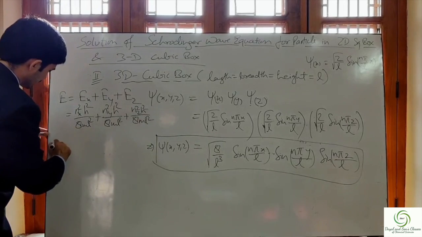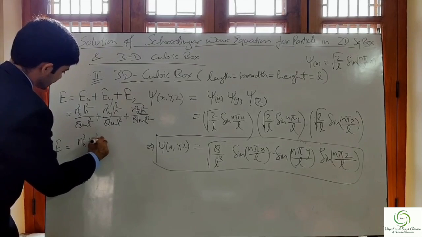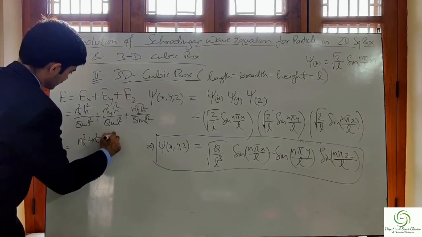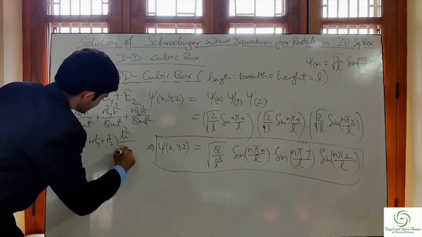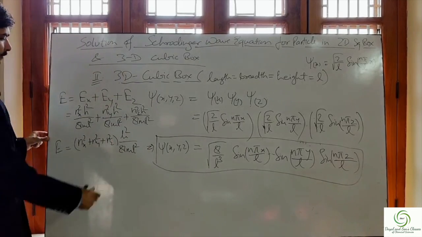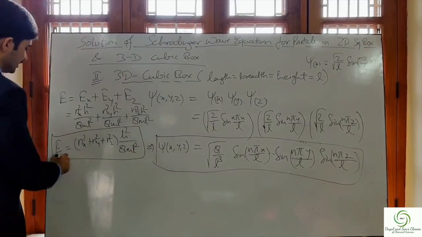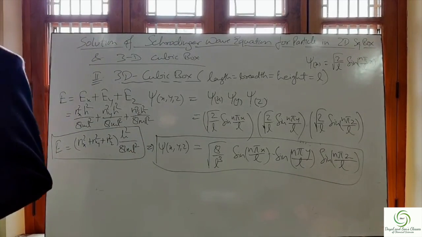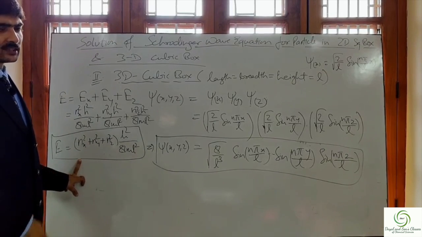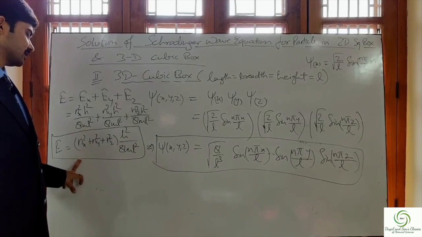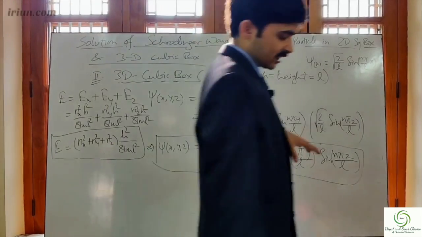We can write it as nx square plus ny square plus nz square into h square upon 8 ml square. So this is the expression for the total energy of a particle in a 3-dimensional box, and this is the expression for the wave function in a 3D box.